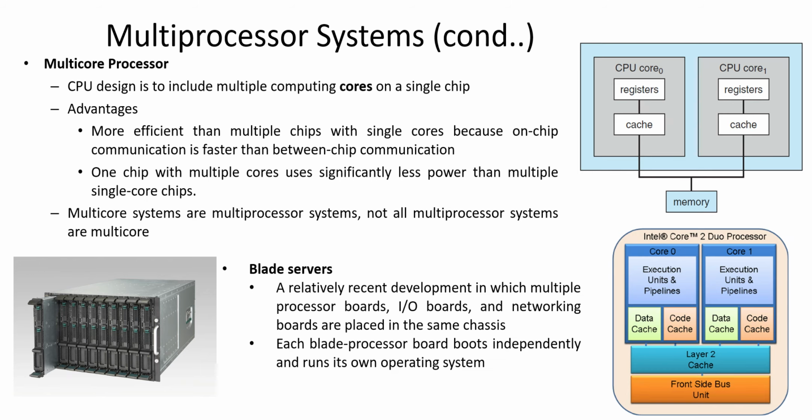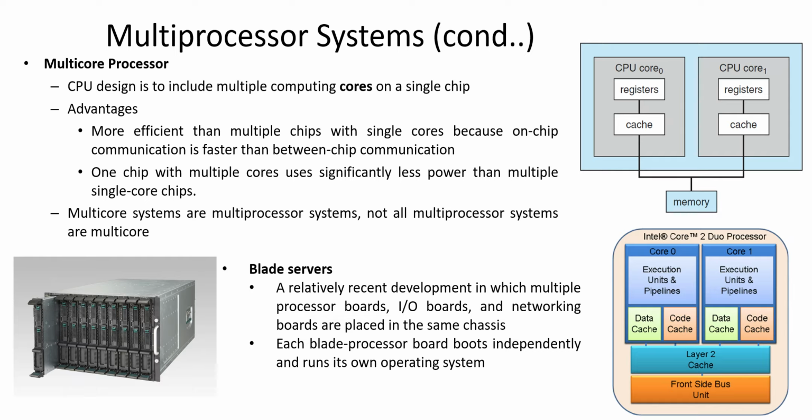Let's continue with two more important concepts, multi-core processors and blade servers. A multi-core processor is a chip design that includes multiple computing cores on a single chip. This offers real advantages. It's more efficient than using multiple chips with a single core because on-chip communication is faster than communication between separate chips.